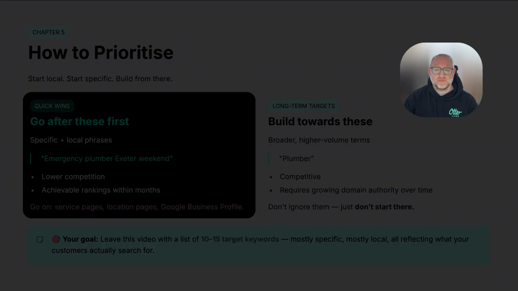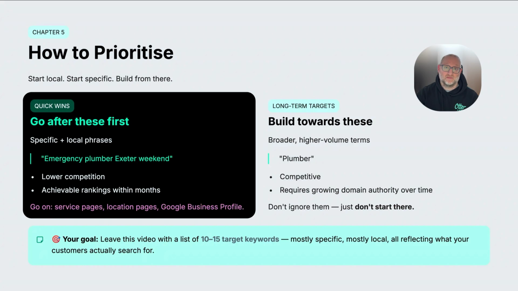Plumber gets over 1 million searches a month in Google. It also has thousands of businesses, many of them large, well-established, and with years probably of SEO work behind them, competing for it. A small business trying to rank for the word plumber as a standalone term is unlikely to make it onto page 1 any time soon.